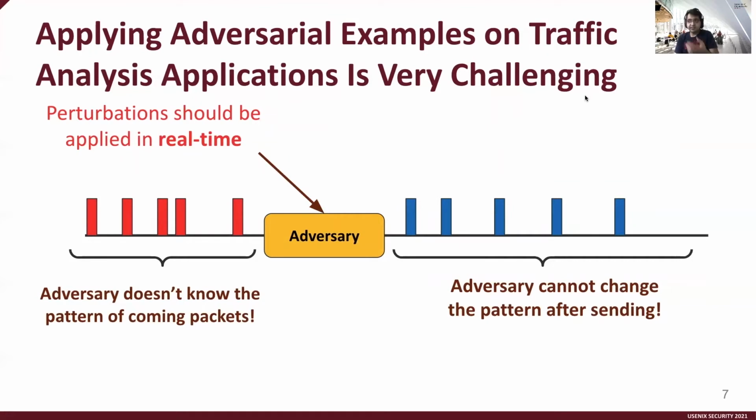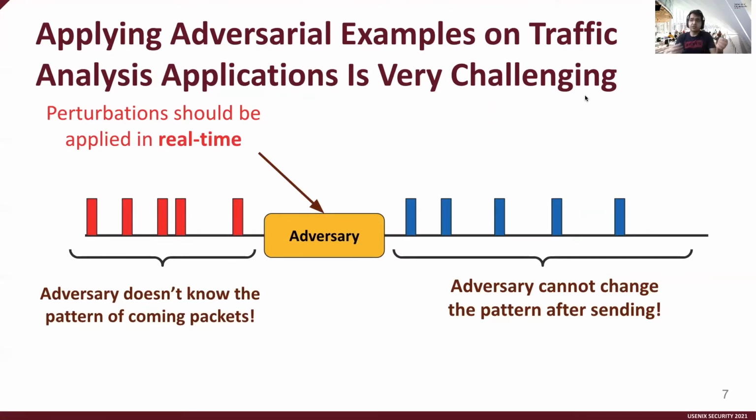And there are several issues with that. Many adversarial example techniques look at the input and decide what noise to add to the input. This is not feasible in a realistic setting for traffic analysis, because you cannot buffer the whole traffic flow and then add noise to it and then release it, because the connection is not going to wait for you, and you will disturb the connection.